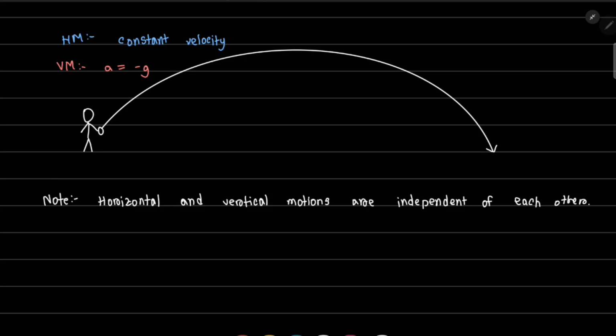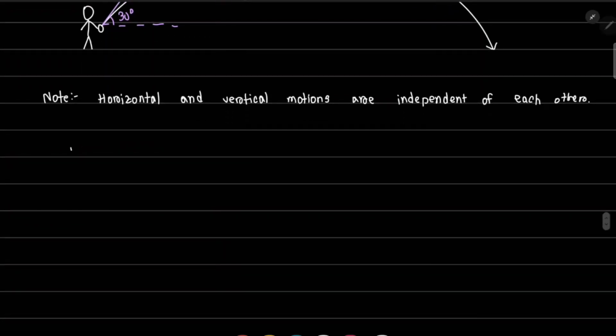Now, if we are given the angle and velocity at which it was thrown, suppose it was thrown at 30 degrees with a velocity of 10 meters per second, we need to divide it into vertical motion and horizontal motion.